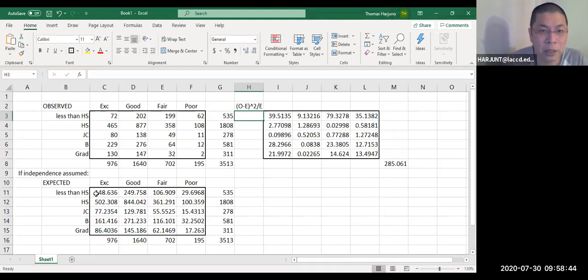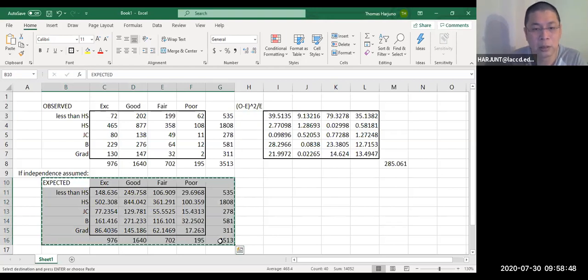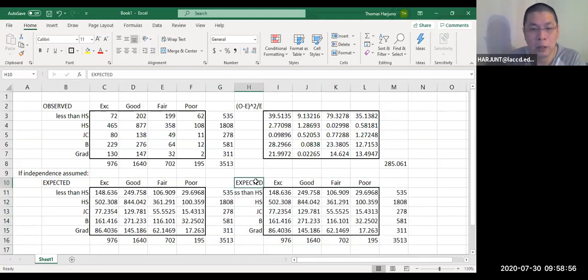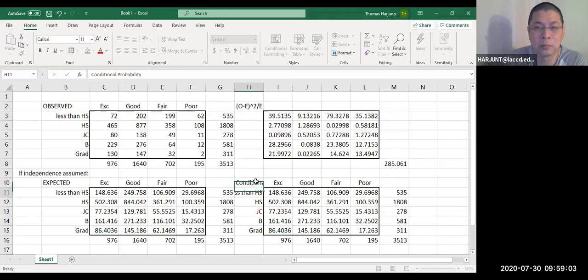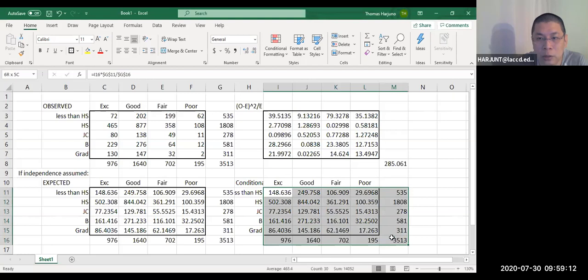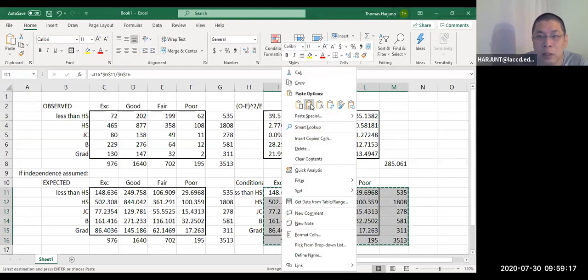Let me copy this here. But this will be my conditional probability. This and put this in as value.